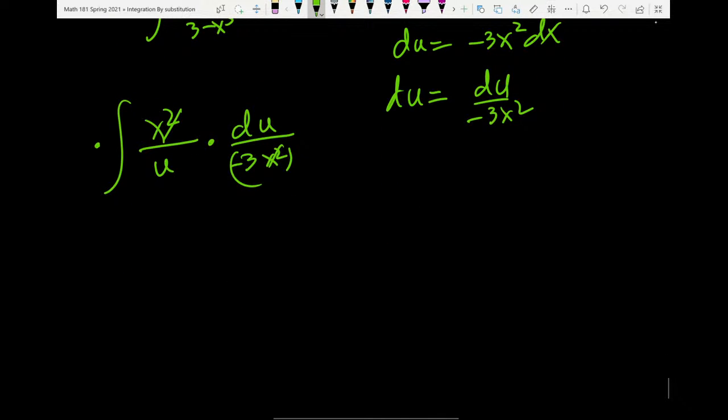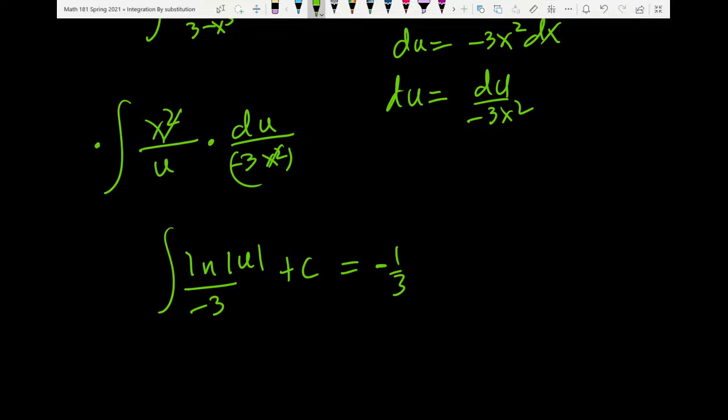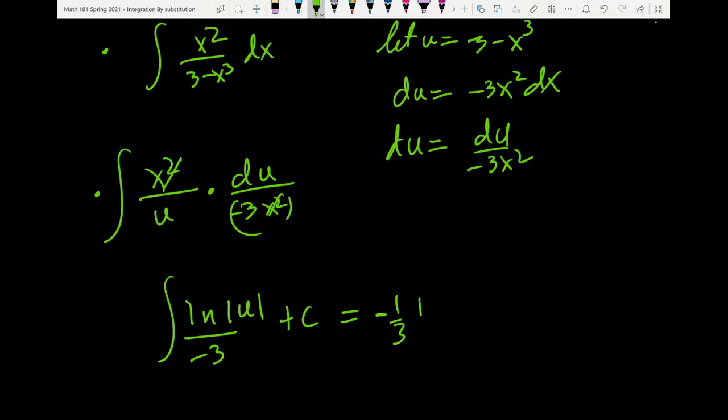So you end up getting natural log of the absolute value of u, divided by -3, plus c. And u is 3 minus x cubed, so the answer is negative one third natural log of 3 minus x cubed plus c.